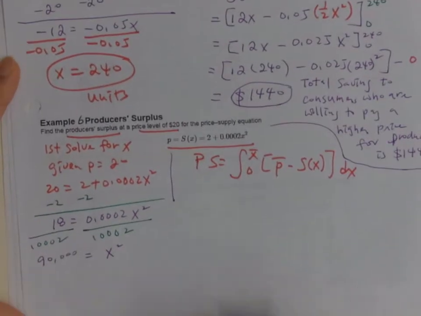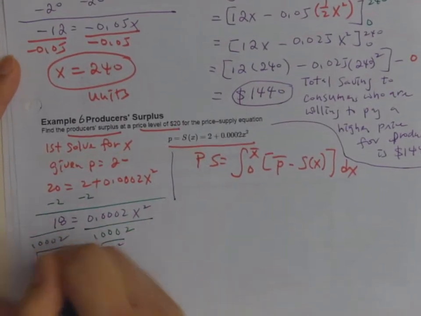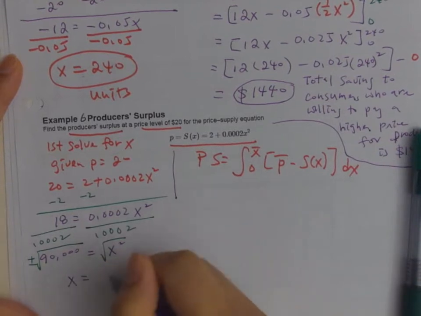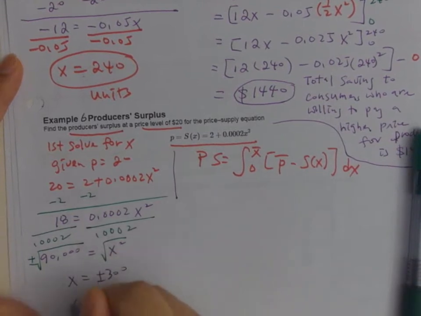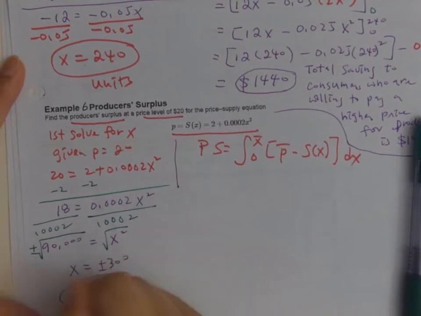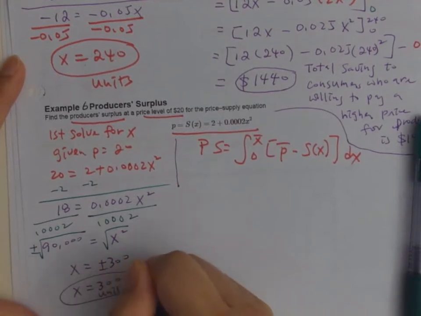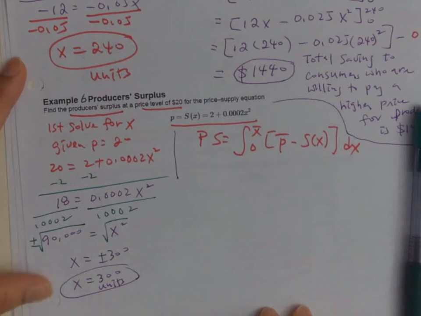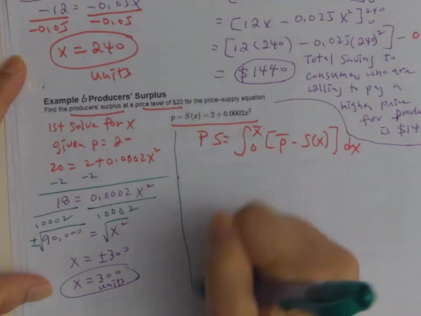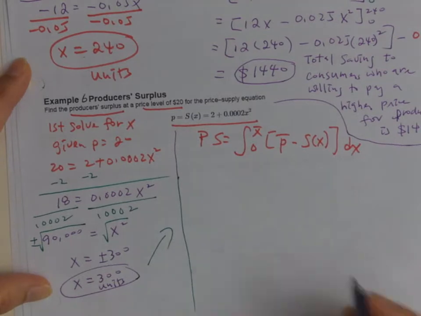So to solve for x, we take the square root of both sides. This side comes with plus and minus, right? So x will be plus or minus 300, and since we are talking about how many units, only positive, right? 300 units. All right, so we found the x number. We can plug it into the producer surplus formula, right?